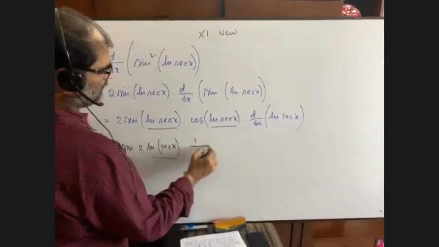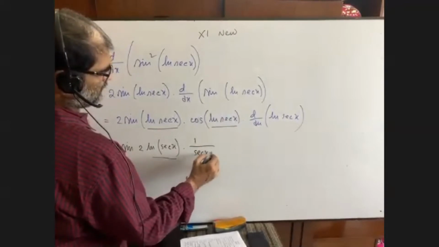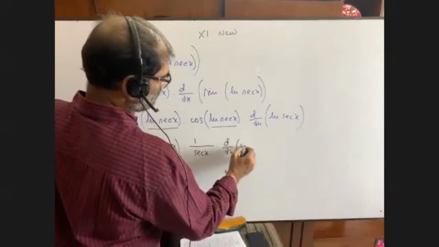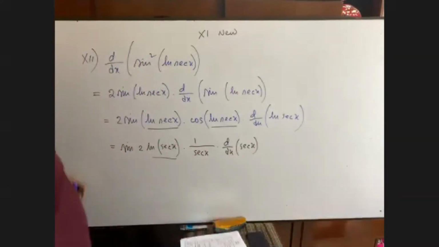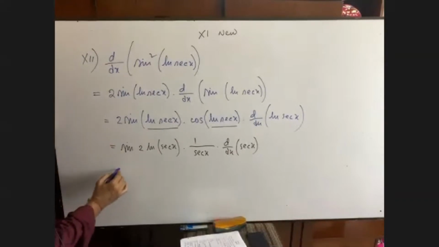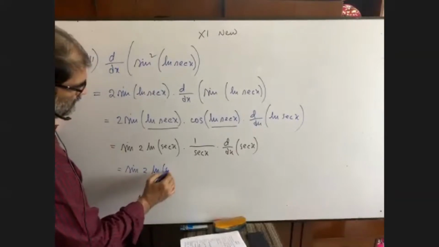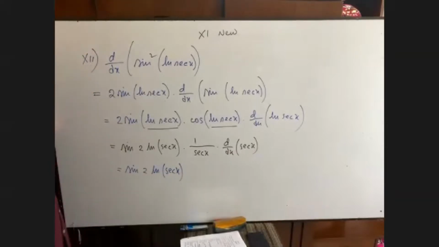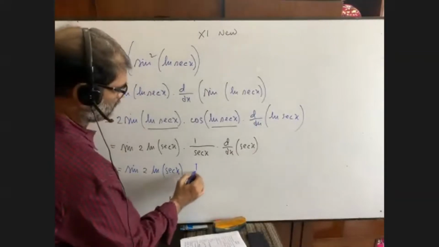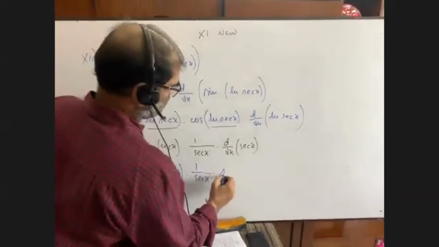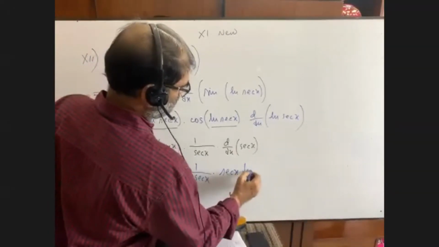Ln means what? 1 by x. So 1 by sec x, d by dx of sec x. Please try to understand. Okay, now we can write here sine 2 ln sec x into 1 by sec x. Sec x is what? Sec x tan x.